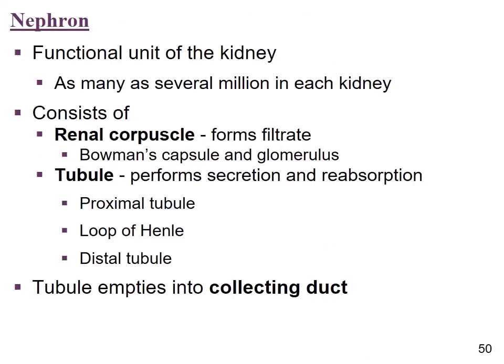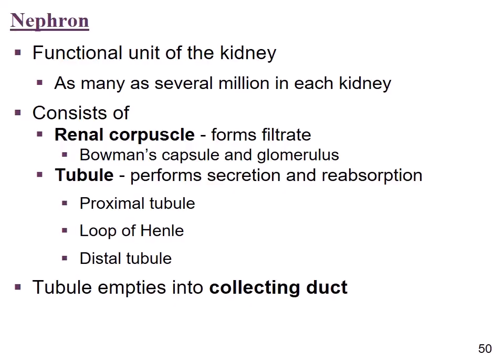The nephron is really the functional unit of the kidney, and it's hard to get a good diagram because there are so many in the kidney. They would all be overlapping and it would be very hard to see. There are as many as several million nephrons in each kidney. The nephron has a renal corpuscle, which forms the filtrate. It consists of the Bowman's capsule and the glomerulus, and then there's the tubule, which performs secretion and reabsorption.